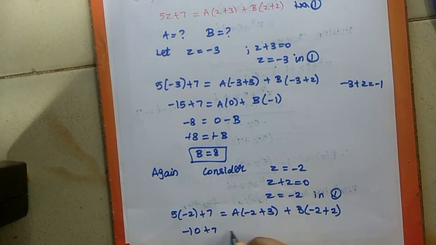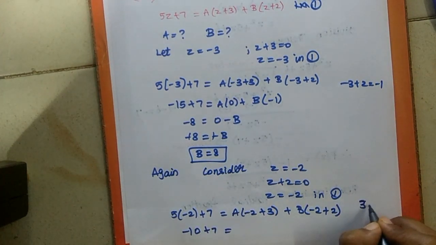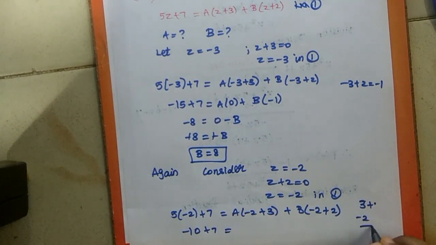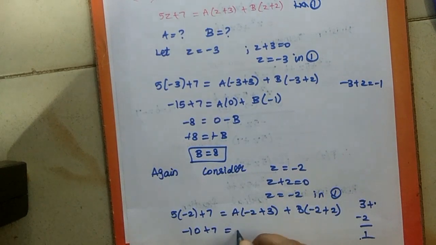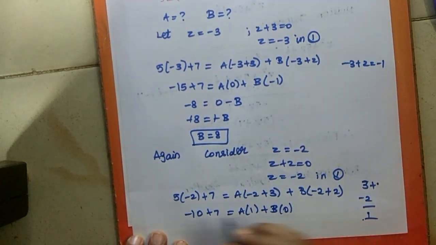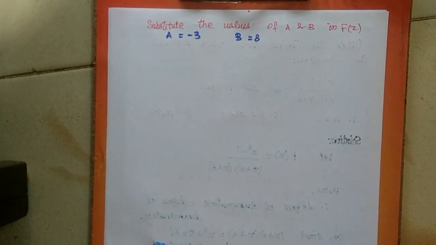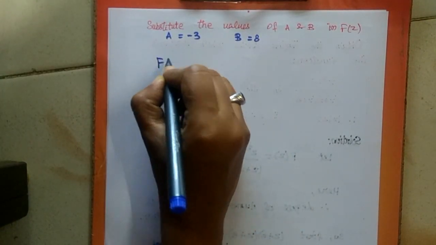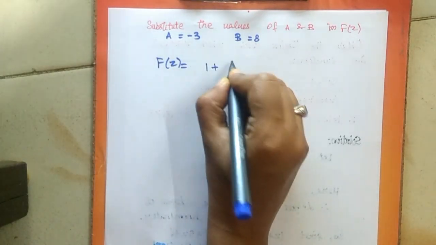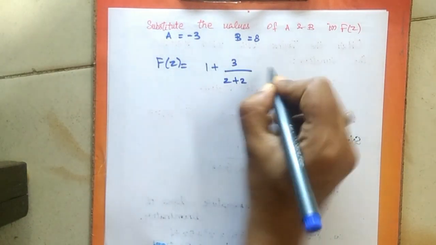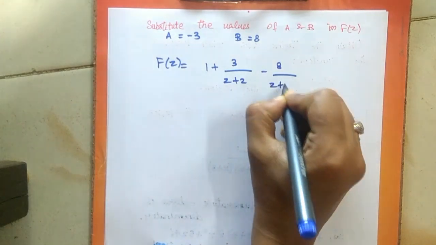Minus 10 plus 7 equal to a of minus 2 plus 3, which is 1. A of 1 plus b of minus 2 plus 2, which comes 0. The value of a is minus 3. Substitute the values of a and b in f of z. F of z equal to 1 plus 3 by z plus 2 minus 8 by z plus 3.